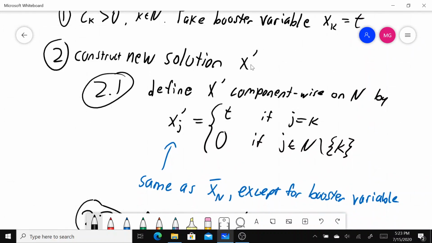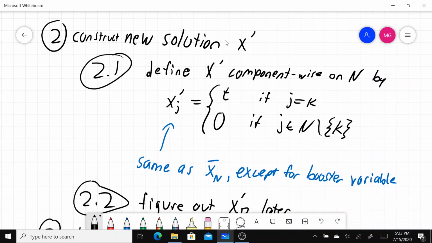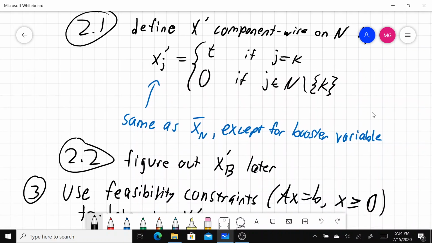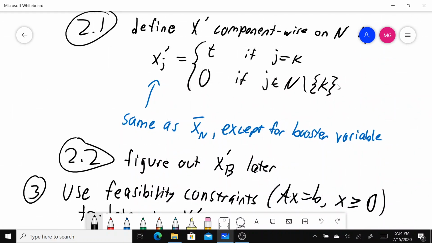And now you construct a new solution, we'll call it x prime, and the way that you construct that new solution is that first you define it for the non-basic components. All the non-basic components except for this k index are going to be zeros. And that's just as x bar is as well. There are zeros for all the non-basic components. Here it's for all the non-basic components except for the k index. And for the k index, you take it to be t.